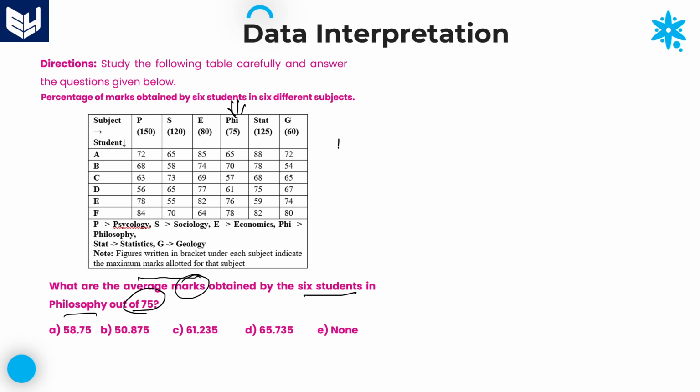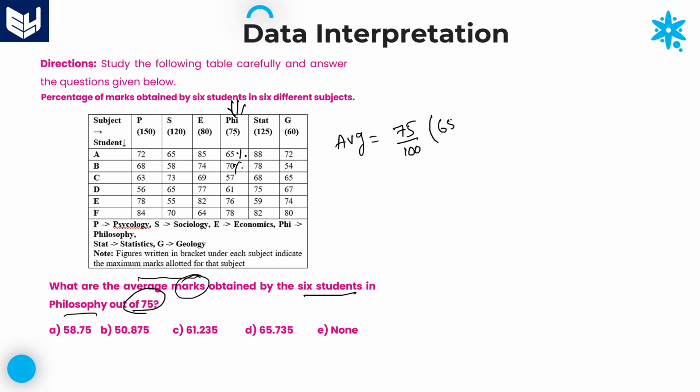First, you need to calculate the average marks. Average means sum of all the values divided by number of observations. Number of observations is nothing but number of students in this case, that is 6, right? First you need to calculate the sum of all the values. First one is 65 percentage of 75, 70 percentage of 75. In each and every case it is 75 percent, meaning 75 by 100, the common value.